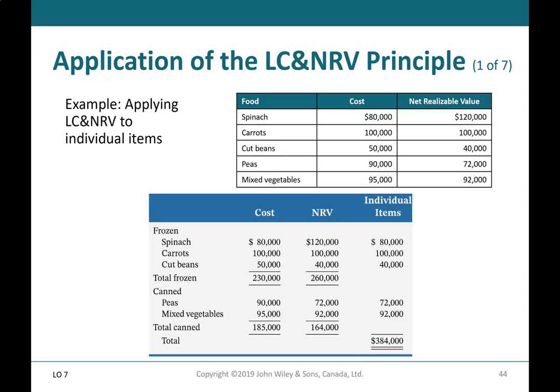When we look at the carrots, cost and net realizable value are the same, so it doesn't matter. When we look at the cut beans, the net realizable value is the lowest. When we look at peas, the net realizable value is the lowest. And when we look at mixed vegetables, the net realizable value is the lowest. So when you add all of the lowest items up, you get a total of 384,000.